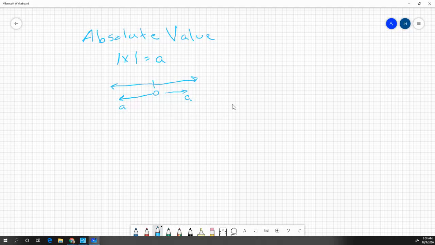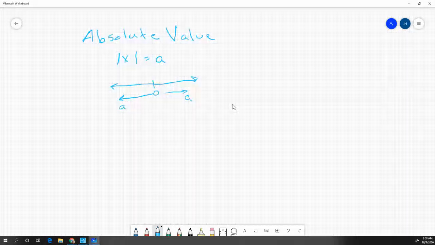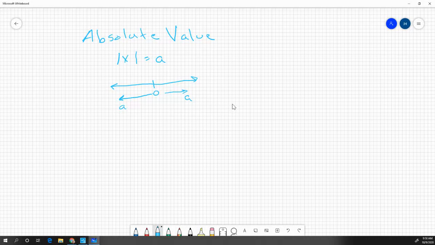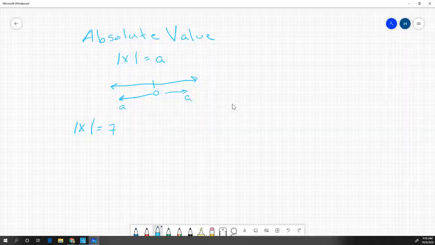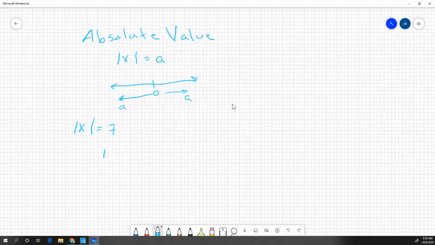And a couple things you need to understand is if I have, say, the absolute value of x is 7, right? You guys, when you watch the other video, you'll be like, oh, this looks familiar. They're saying, what values of x will make this true? Well, because it's always positive when it comes out of the absolute value, we've got 7.